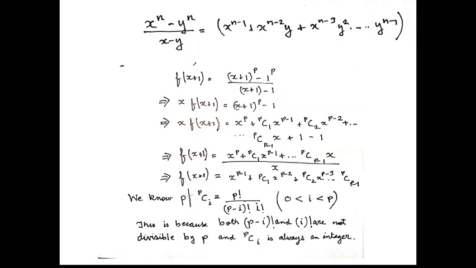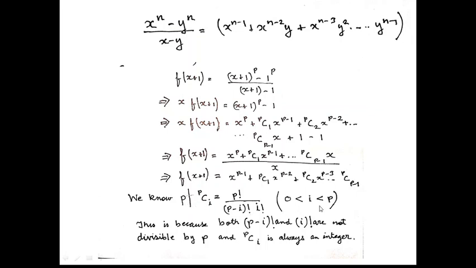Now we know that p divides pCi. Let us see how. p divides pCi only if i is greater than 0 and i is less than p; otherwise not, since pC0 and pCp are 1, so p does not divide those. Now why does p divide pCi? pCi is p factorial divided by (p minus i) factorial times i factorial, and p is prime.